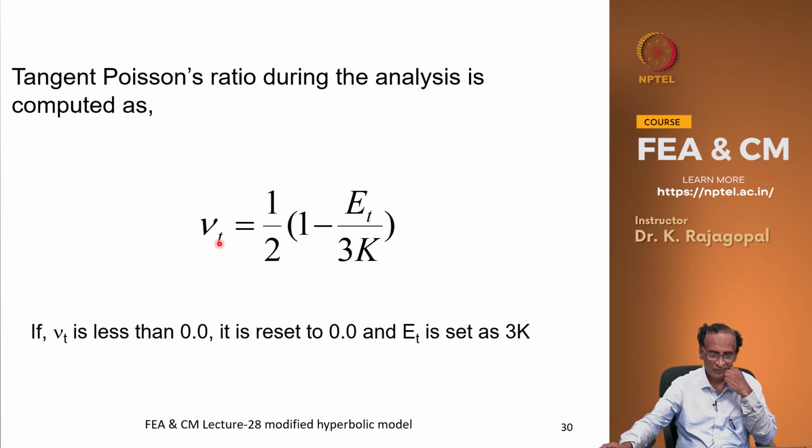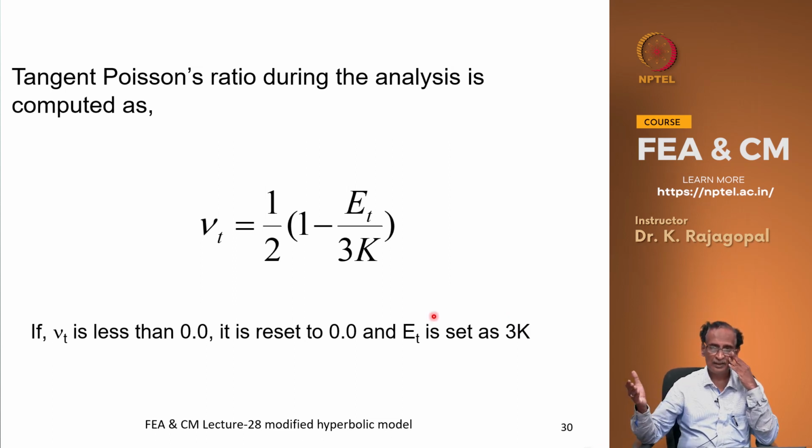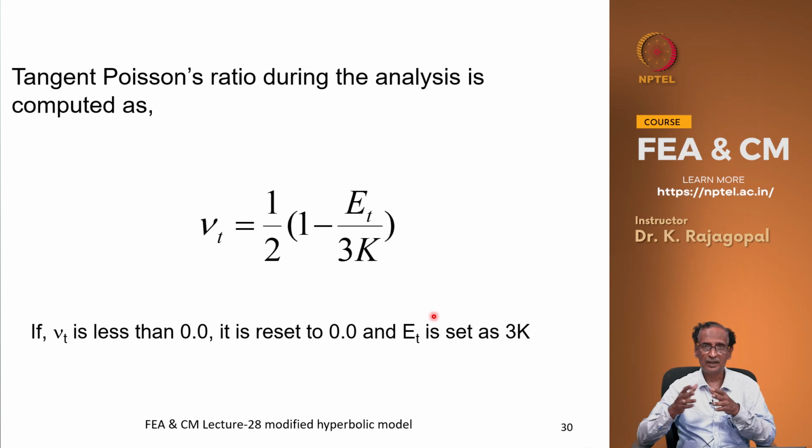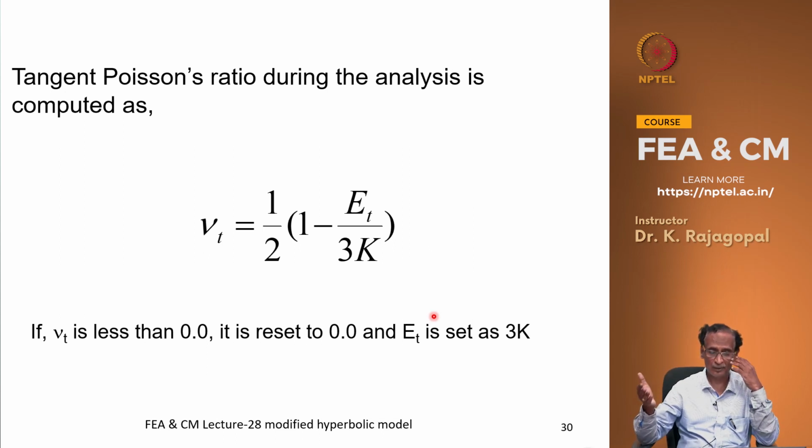In that case, we reset the Poisson's ratio to 0, and then our Et is set as 3 times the K. In case E is more than 3 times the K, it is reset to 3K, because we do not want any negative Poisson's ratio in our analysis. Reasonable values for the Poisson's ratio are about 0.25 to 0.45, 0.5.